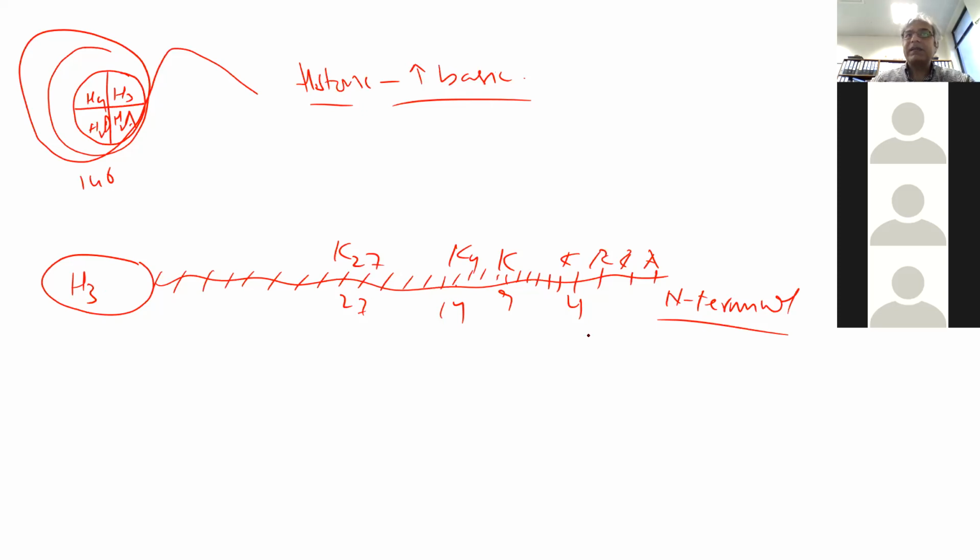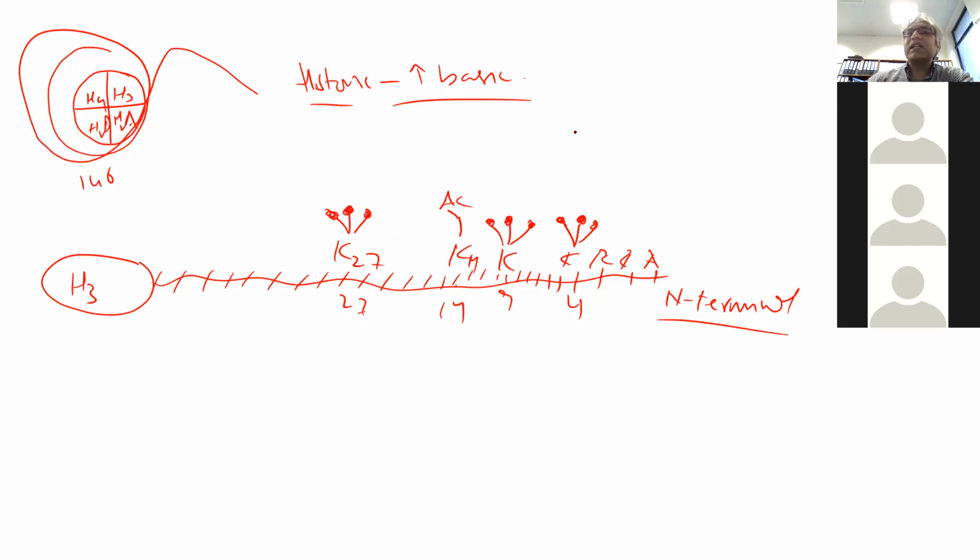Okay, this is specifically histone H3 we are talking about. So lysine 4 can be methylated. Lysine 9 can also be methylated. 27 can also be methylated. Lysine 14 can be acetylated. Methylation can be mono, di, or tri because of the chemistry of the lysine side chain, but there can only be a single acetylation.